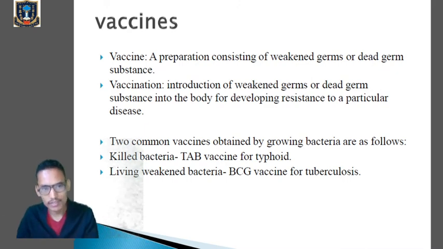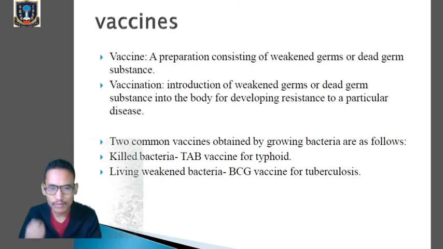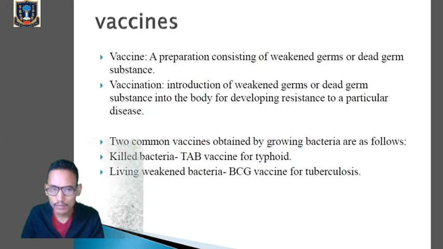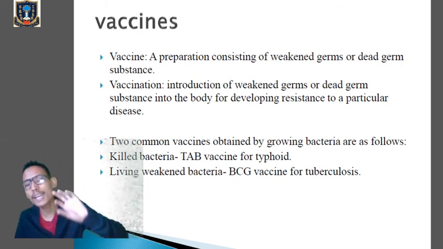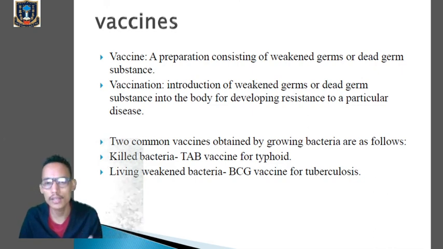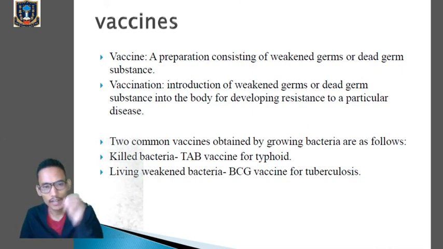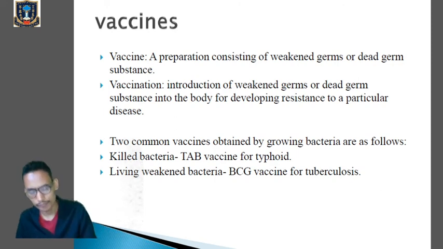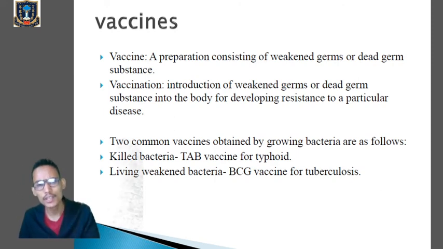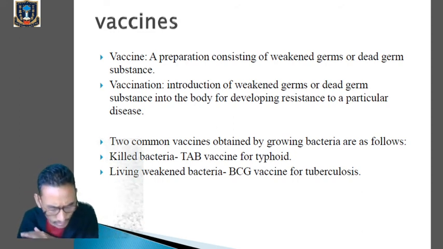So, vaccination means the introduction of weakened or dead germs into the body of an organism for developing resistance to a particular disease. Whenever we administer a vaccine into the body of an organism, that is called vaccination. Vaccination is done in order to develop immunity, and the development of immunity for a particular disease is called immunization. All these things we have already discussed.